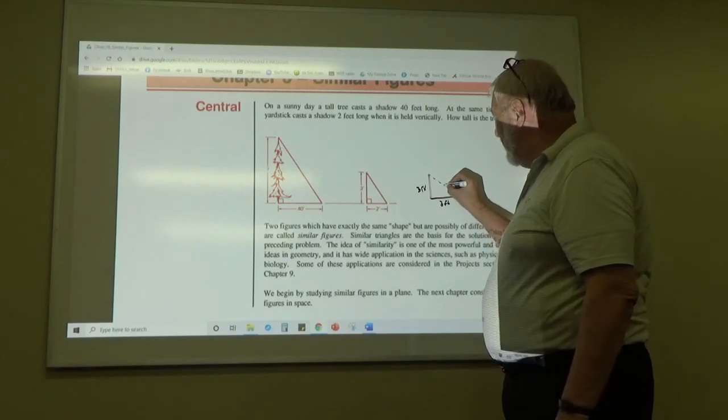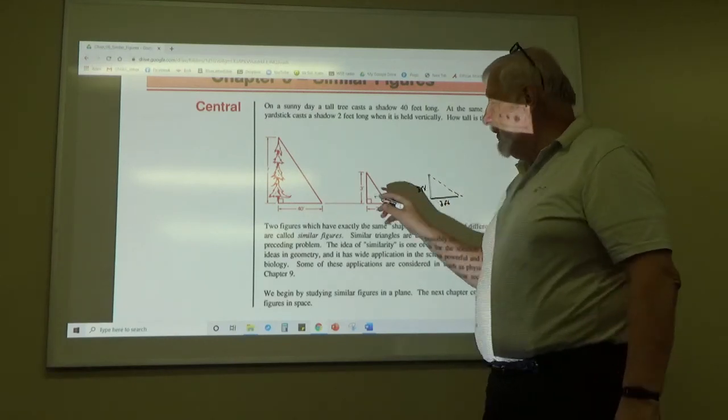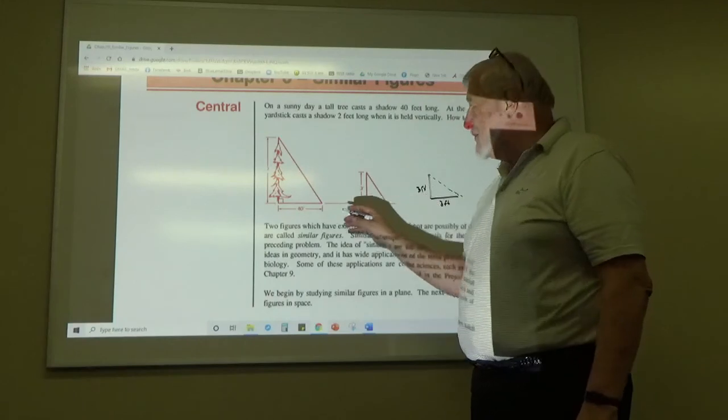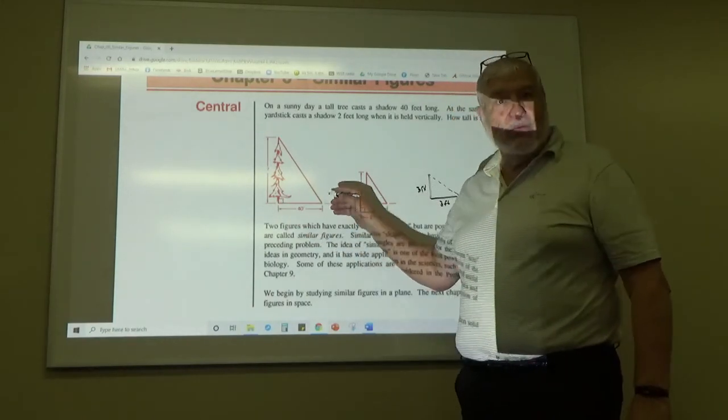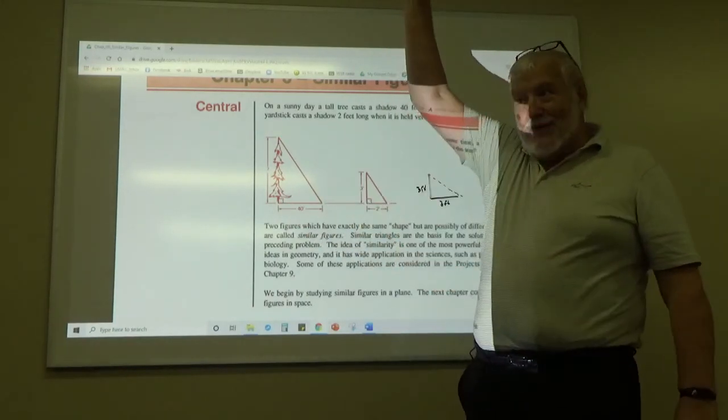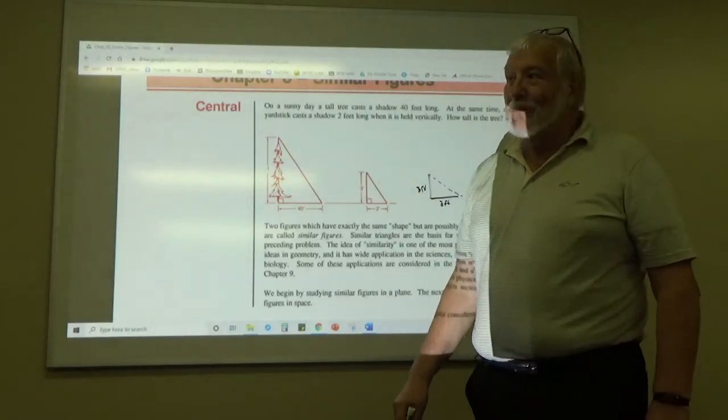All right? And therefore, at that point, whatever the distance was from the base of the flagpole to the end of the shadow would be the height going up to the top of the flagpole.